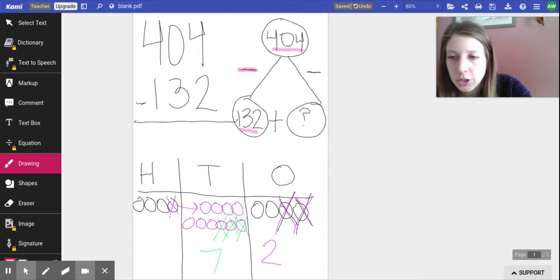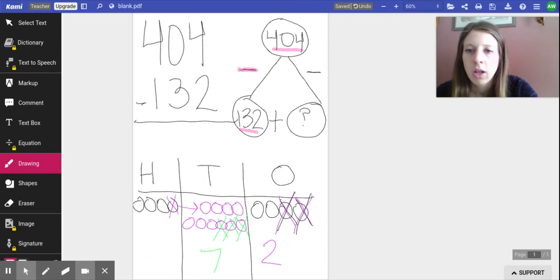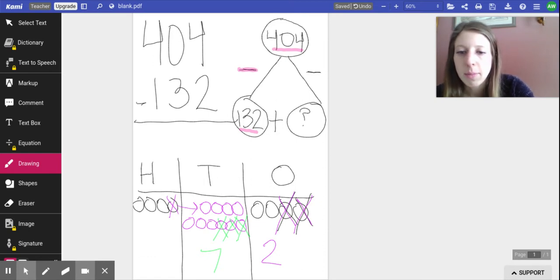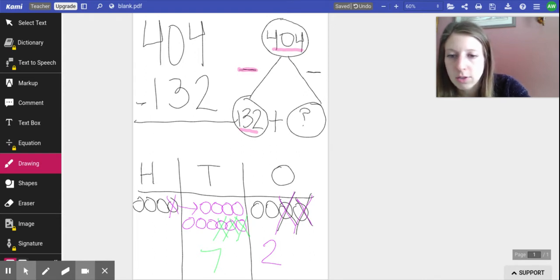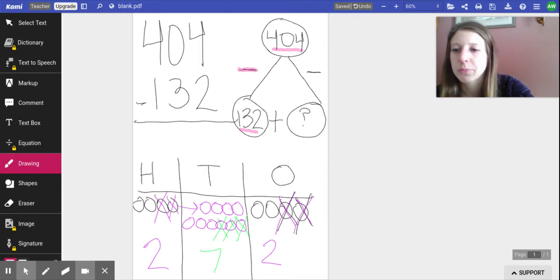Now I'm going to go to my hundreds place. In my hundreds place, I have to cross out 1. Now remember, this purple one that I have an X through, we already unbundled it and moved it to the tens place. So we ignore that, and all we have to do is cross out 1 more, and that's going to leave us with 2. So the number we got was 272.